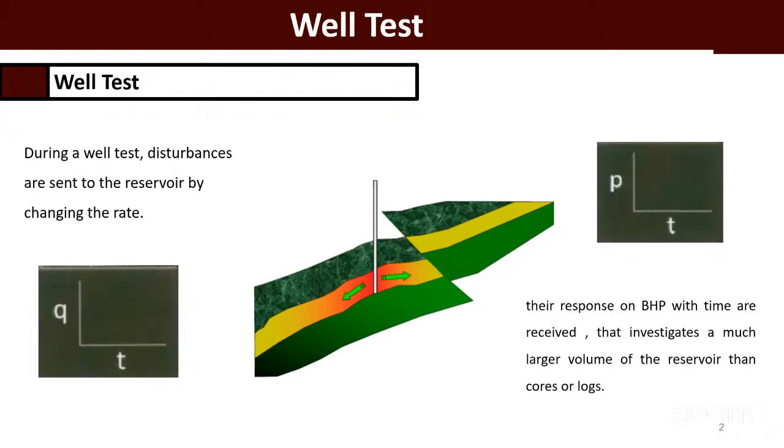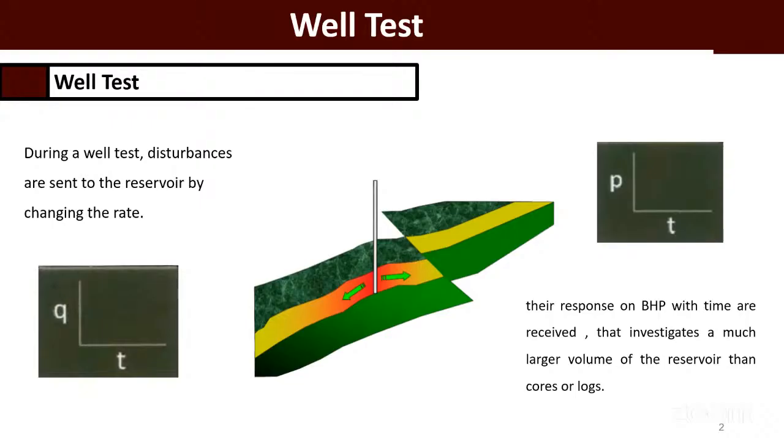We perform a disturbance sent to reservoir by changing the rate, either production rate by stopping the production, or the well is shut in and we open it again, or the injection rate. Then the performance or response of these disturbances of the production are recorded by gauges, bottom hole pressures with time.